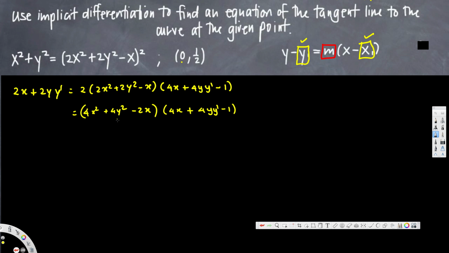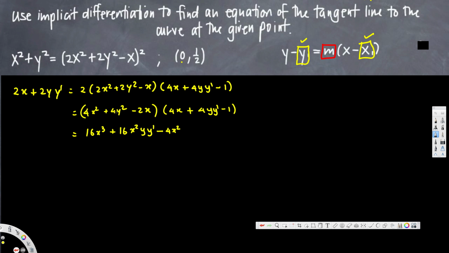Then we do the same thing for every term, right? Let's go ahead and do that. Here 4x square times 4x, that's going to be 16x cubed. 4x square times 4y y prime, that's going to give us 16x square y y prime, and then 4x square times negative 1, that's going to be negative 4x square.